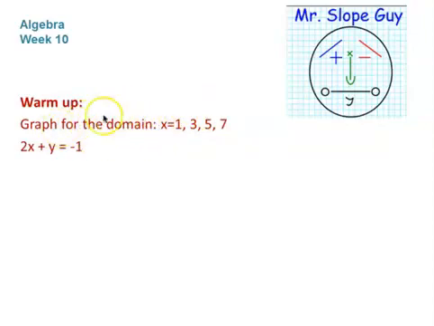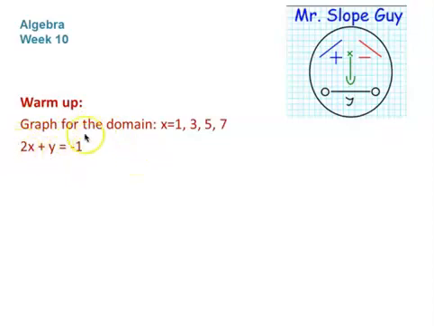So when we are graphing for a specific domain, we're only going to be graphing points, because we're only going to be graphing each x value and the corresponding y value. So we're not going to be drawing a line through the points, because we only want to graph for these specific x values and their corresponding y values.